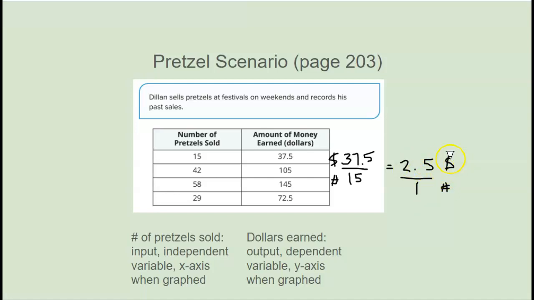Your dollar amount is on top and your number of pretzels is in the denominator on the bottom. And if you do this math, you'll see that it's the same no matter how much money he made and how many pretzels he sold. It always comes out to the same constant selling price of $2.50.